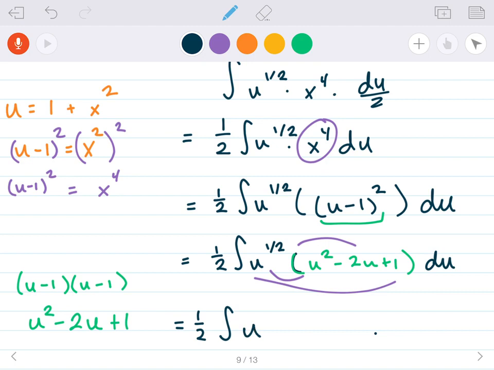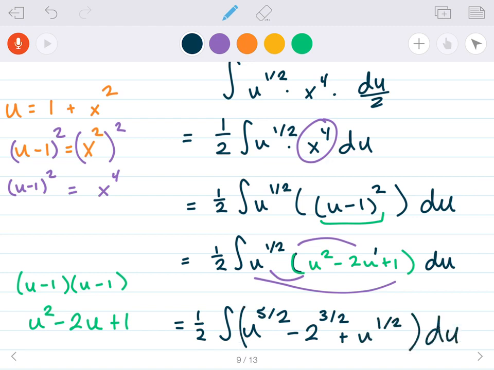So 2 plus 1/2 for the first one is going to give me 5/2. The second one, we have minus 2u to the first times u to the 1/2. We keep the base u and add the exponents to give me minus 2u to the 3/2. And finally, for the last one, we just get plus u to the 1/2, multiplying u to the 1/2 by 1.